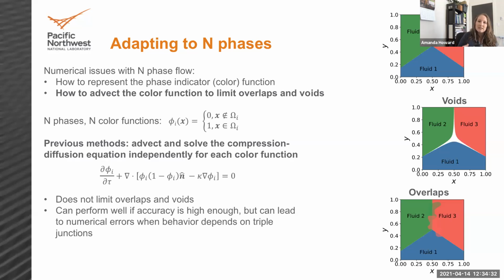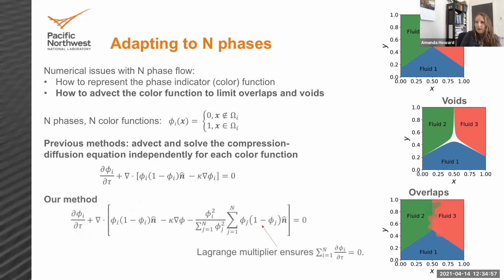But the problem is in any numerical code, we're introducing errors because we have discrete resolution. This method doesn't limit the overlaps and voids. It does well enough if you have high enough accuracy, but if you're interested in problems where you're considering triple junctions, which are areas of intersections between 3 fluids, you're going to start seeing voids.